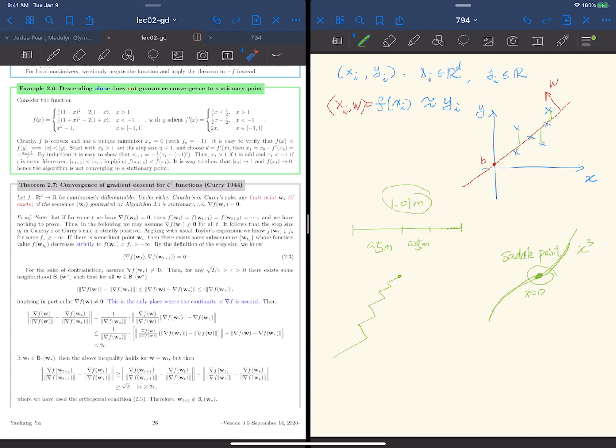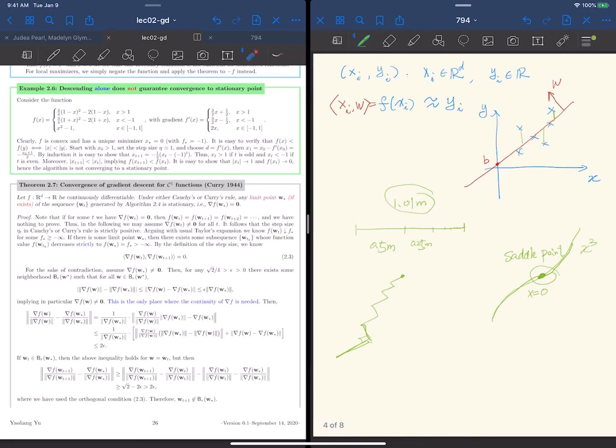So why does the algorithm zigzag? The algorithm zigzags precisely because if you choose your step size well, you're going to satisfy this orthogonality condition, right? So the previous step and the next step are going to be almost orthogonal to each other. This is why you see the zigzag behavior. You can actually prove this.